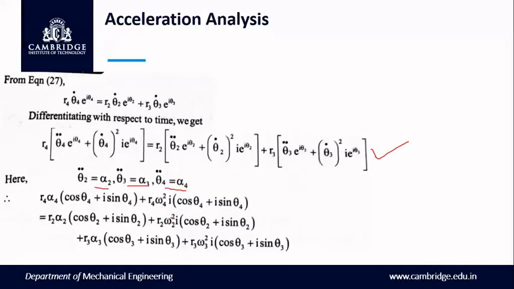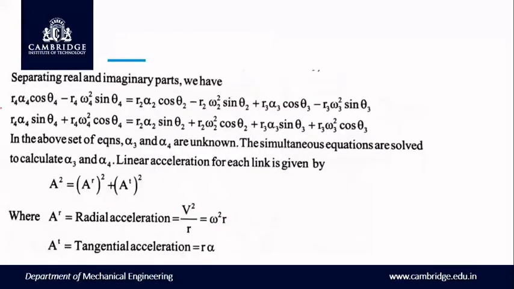Then once again we need to substitute the e to the power of i theta formula, that is cos theta plus i sin theta. Then the same step we will follow. We will separate the real parts and imaginary parts, and known quantities will be substituted. The unknown quantities are alpha 3 and alpha 4, which will be calculated using the above two simultaneous equations.